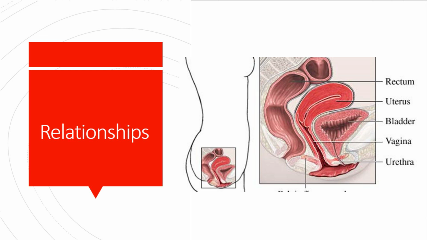The bladder and urethra are separated from the vagina by the pubocervical fascia. The vagina is positioned between the urethra anteriorly and the rectum posteriorly. It extends from the cervix to the vaginal opening. The rectum is separated from the vagina by the rectovaginal fascia.